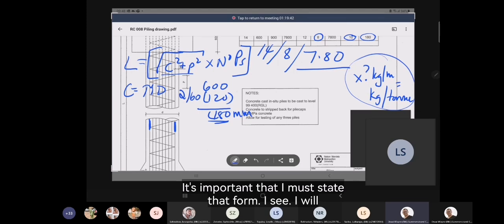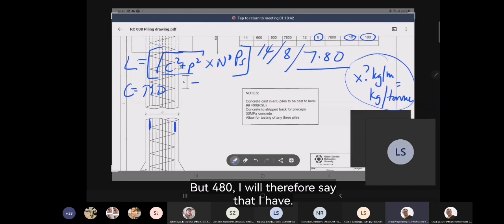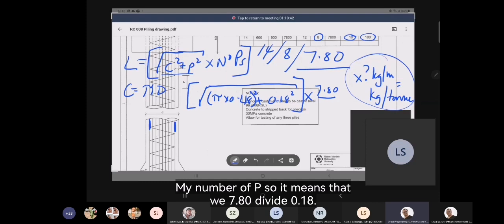It's important that I now state that for my C, I will therefore say, remember that's 480, I will therefore say that I have pi times 0.48, and that squared, plus 0.18 squared, square root of that, multiply by my number of P's, so it means it will be 7.80 divided by 0.18.